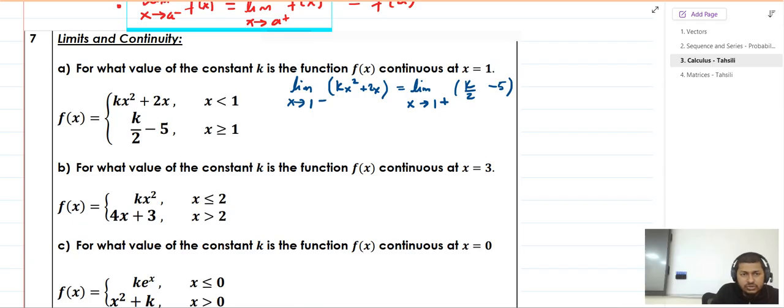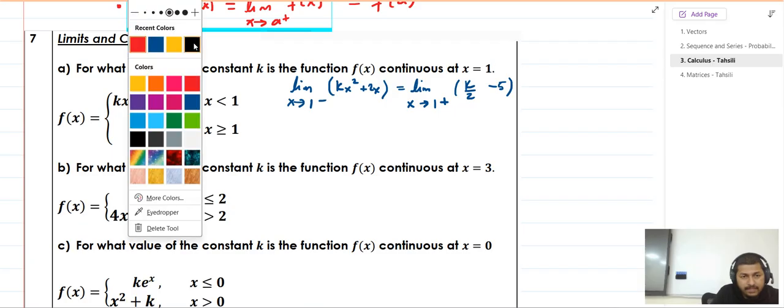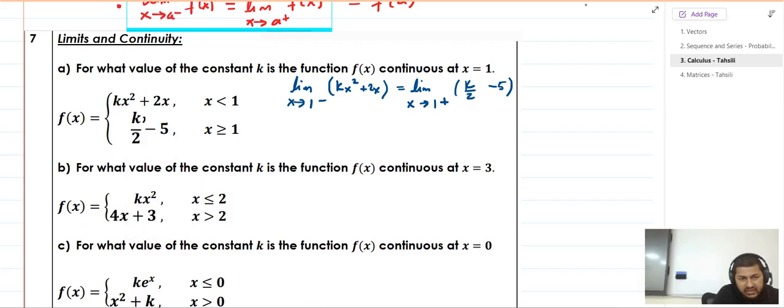Now I'm going to substitute. It should have been kx, yes, correction here: put an x here, kx, not kx, 5x here. So just correct that in your template. Now continuing here, if I substitute 1 in the place of x, I get k plus 2, because 1 squared is 1, 2 times 1 is 2, and this is k over 2 minus 5.